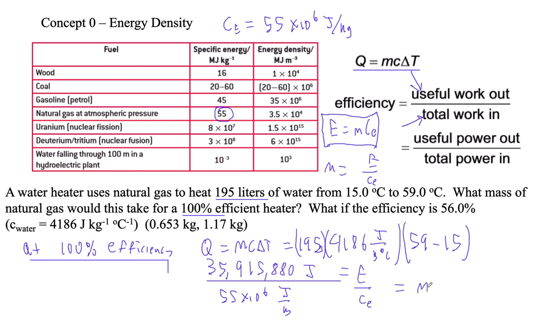That's going to equal our mass. So this number divided by 55E6 gives us the first mass. So if it's 100% efficient, you would only have to burn 0.0653 kilograms.